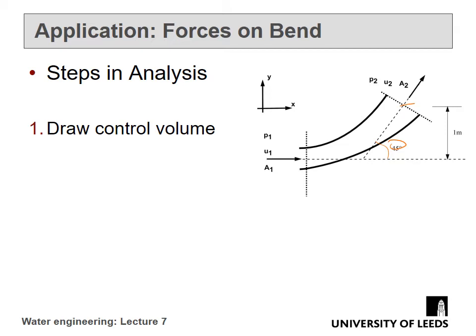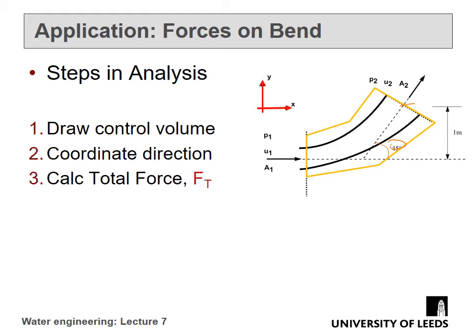So the systematic way, we draw a control volume, any volume that encompasses the inflow and outflow sections. We choose a coordinate direction to help solve the problem most easily, most convenient, and that's usually with the x direction in the direction of the flow. Sometimes it's most convenient to have the x direction in the direction of the outflow, but in this case the inflow.